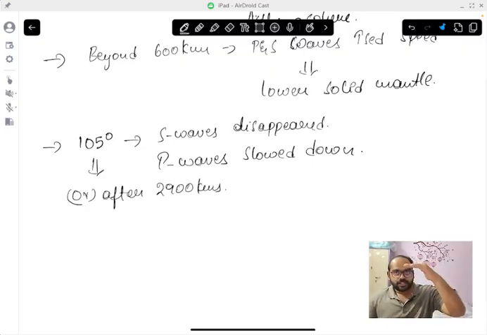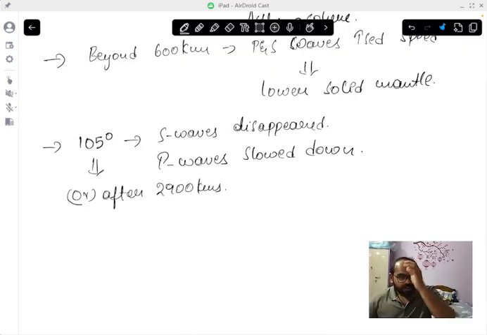So from 600 to 2900 kilometers, P and S waves travel very fast, indicating a lower solid mantle portion, and after 2900 kilometers, which is 105 degrees, S waves disappeared and P waves slowed down.